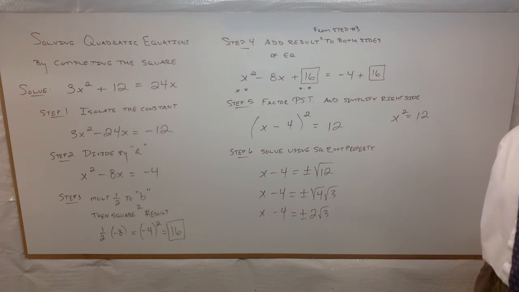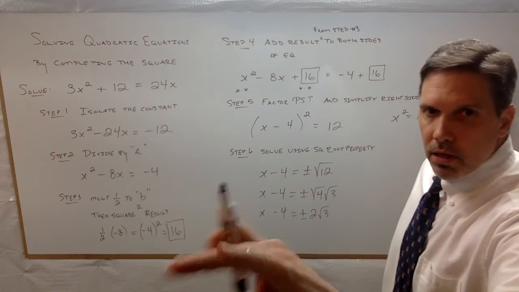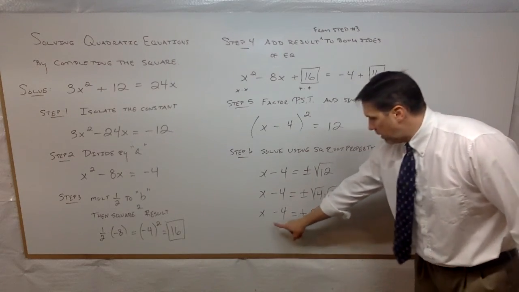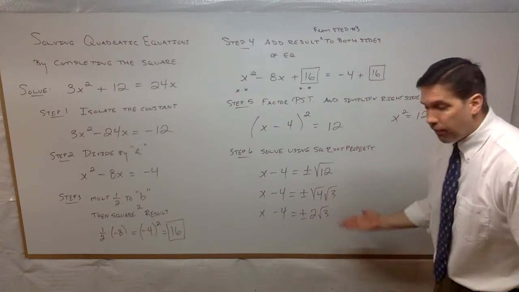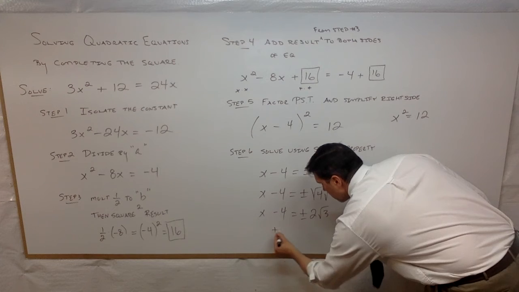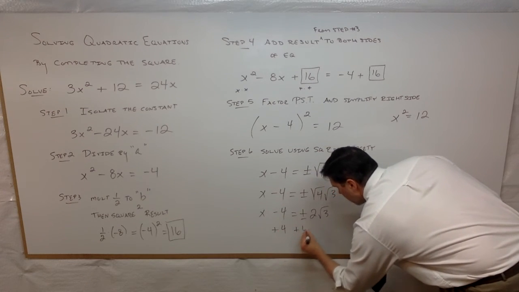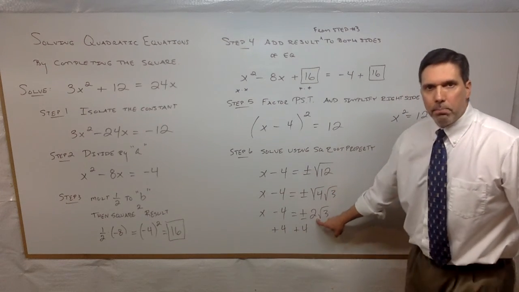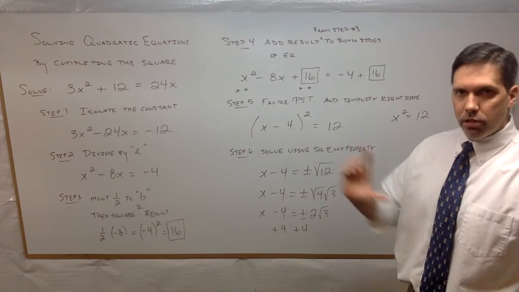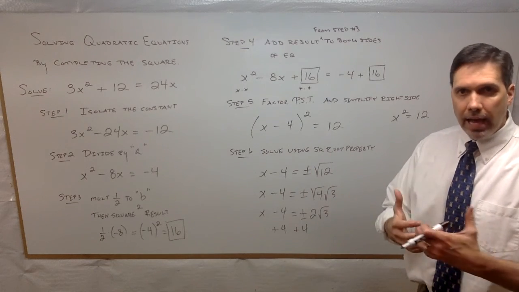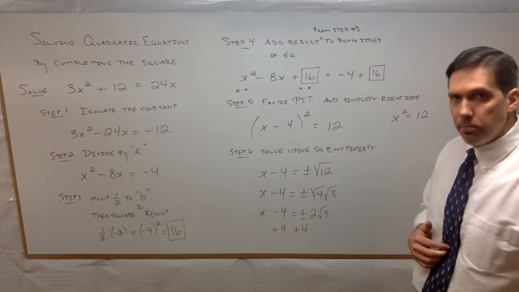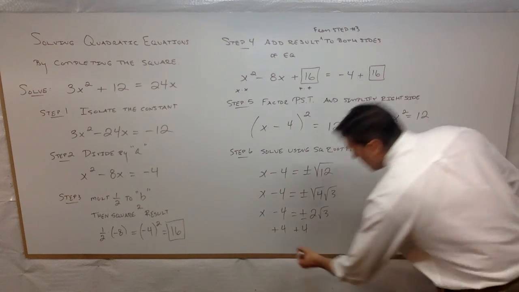Now the whole idea is we're trying to figure out what x is. We could care less what x minus 4 is, so finish solving this by adding 4 to both sides. Now when I add 4 to both sides, I can't actually combine those. You can't add a 4 to a 2 square root of 3. They're not like radical expressions as we talked about when we were simplifying radicals.